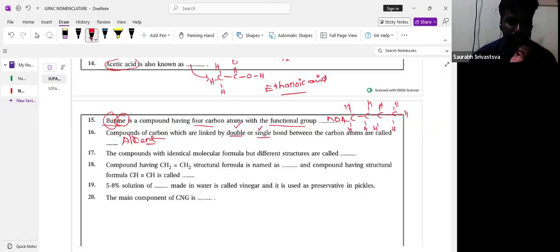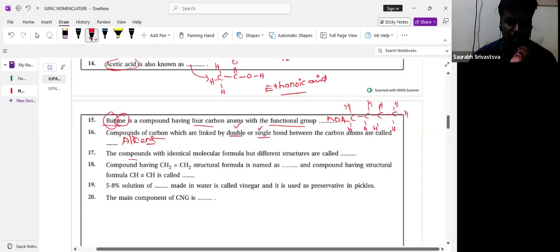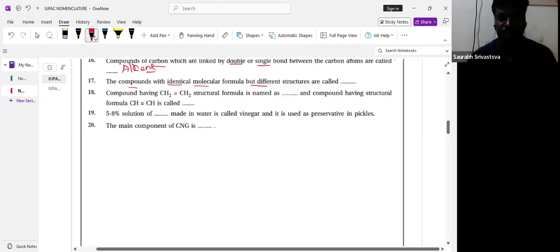Next, the compounds with the identical molecular formula but a different structure. That means both have the same molecular formula, different structure. I didn't teach this one. For example, I'm going to write one structure. C4H10 I have written. How many carbons? 4 carbon with 10 hydrogen. 1, 2, 3, 4.